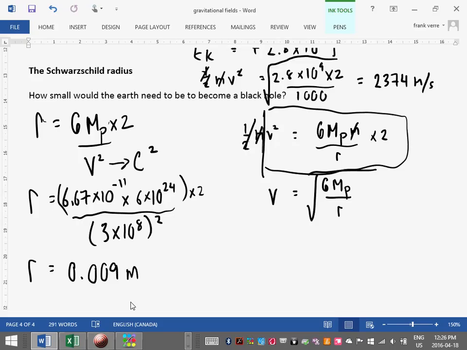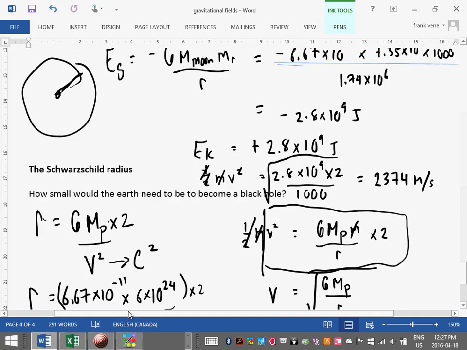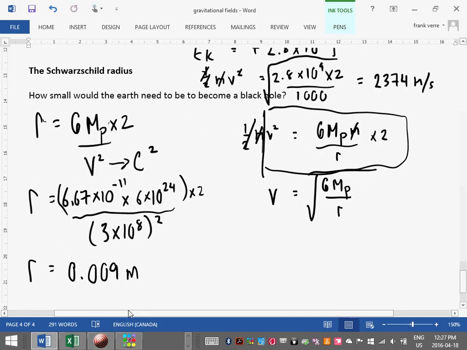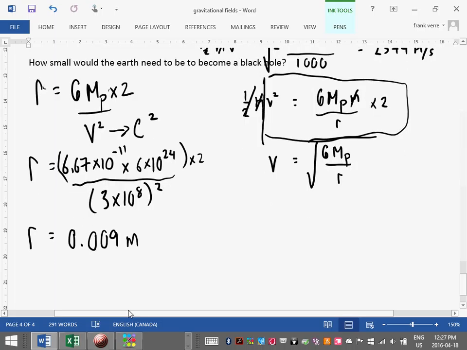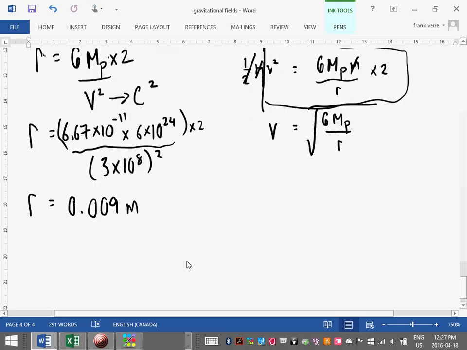I can't visualize that. Can you visualize that? That's 9 millimeters? I'm assuming we did the calculation correctly. Everything's good. So, wow, I can't imagine having the entire Earth in an object that's less than a centimeter in radius. That's kind of weird. That's bizarre too.